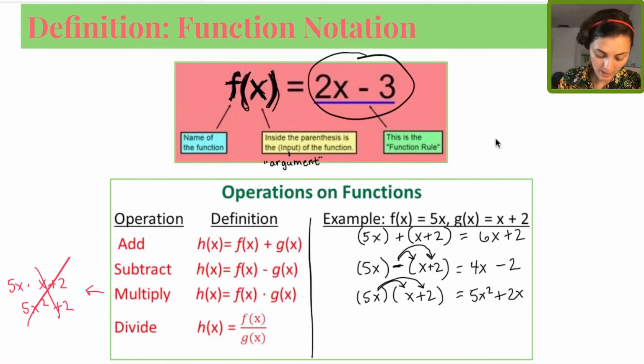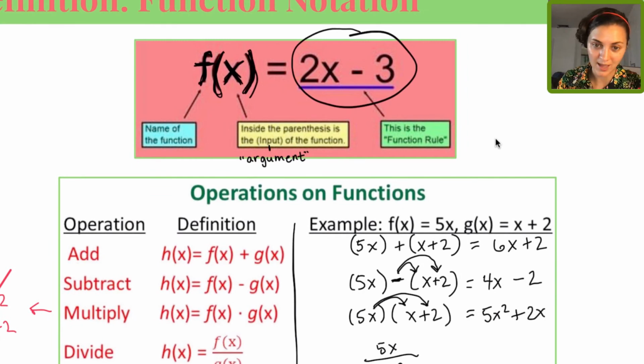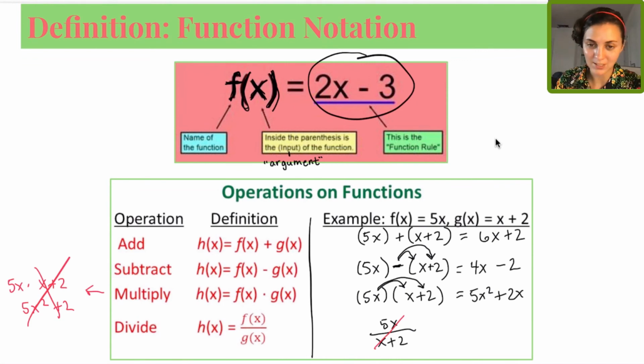Okay, and then division. Not really anything we could simplify here. One common mistake is students really like to try to cancel out like that. Oops. Students really like to try to cancel those out, but it's just not allowed.